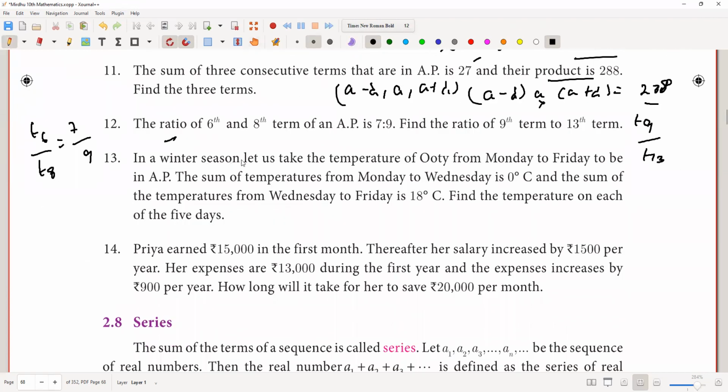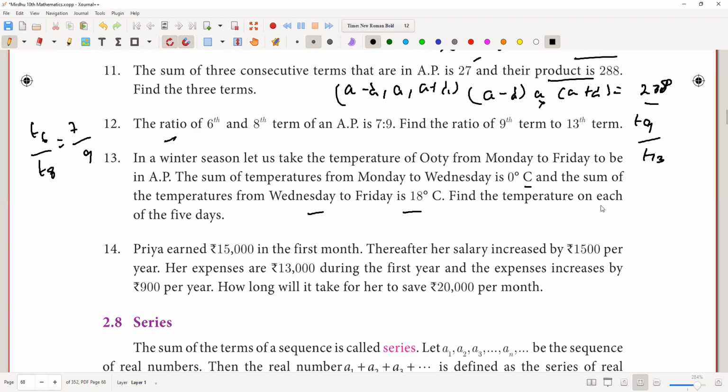Then, in the winter season, let us take the temperature of Ooty from Monday to Friday to be in AP. The sum of temperatures from Monday to Wednesday is 0 degrees Celsius, and the sum of temperatures from Wednesday to Friday is 18 degrees Celsius.